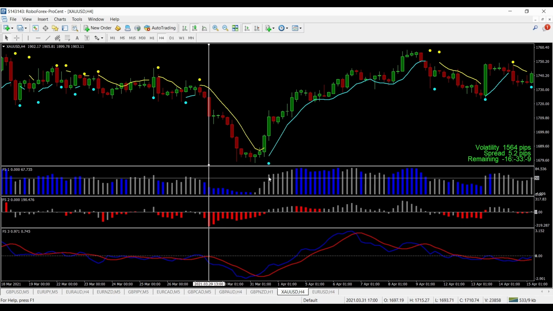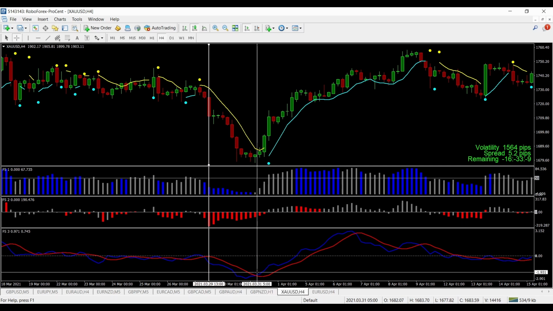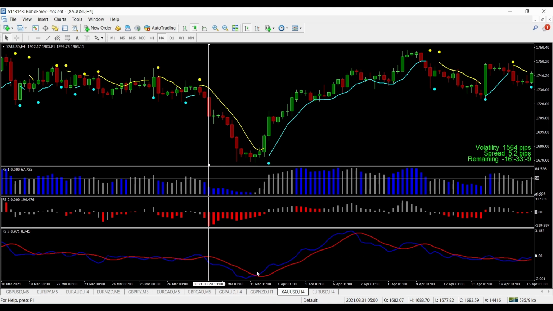Also, when our FS1 histogram goes above the 50 level, or FS2 indicator histogram goes above the 0, or over here where our blue line of FS3 indicator crosses above the red line. So in this case, it's the best possible exit if you decide to try out this trade. So it will be somewhere over here.